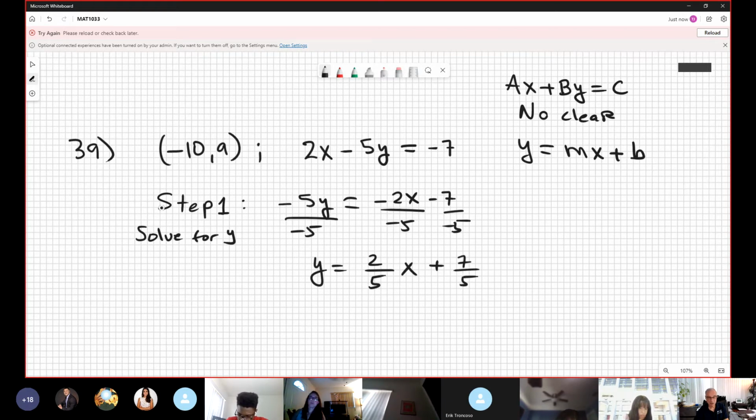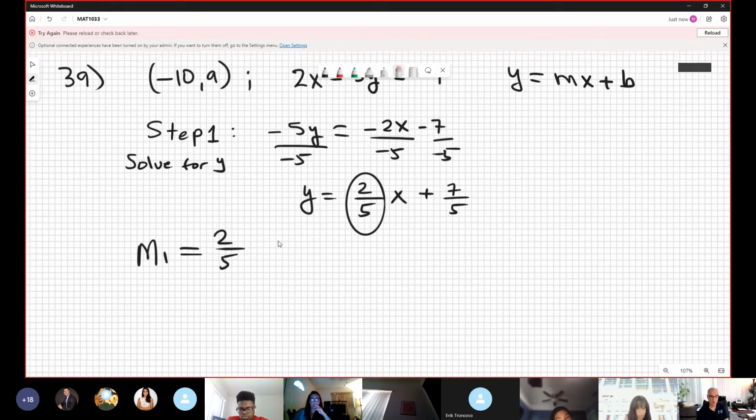Wow, now it's clear. This is my slope, yes? 2/5. In standard form there is no clear slope; you solve for y and now it's explicit.